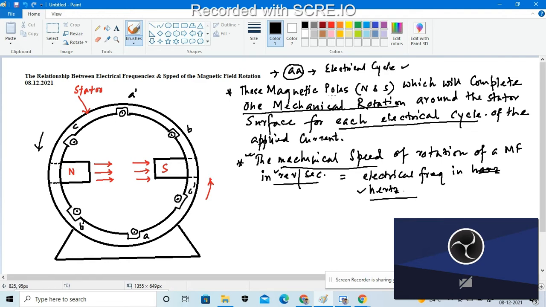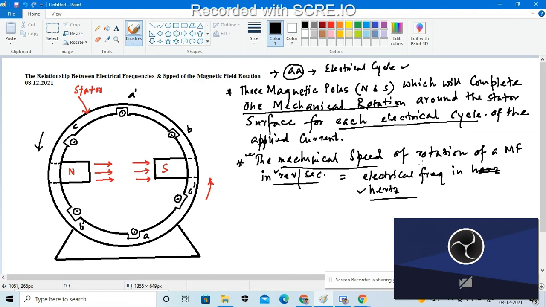So that is why we consider the mechanical speed of rotation of a particular magnetic field in revolutions per second to be exactly equal to the electrical frequency, which is considered in a unit of hertz. So how could I write the equation accordingly?